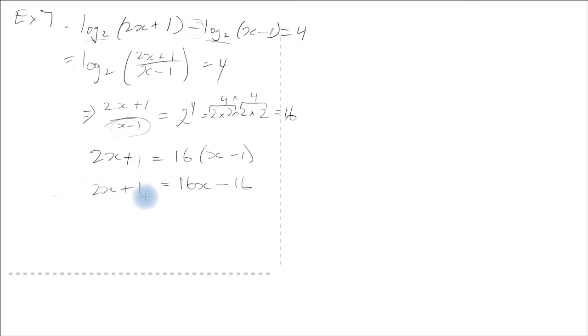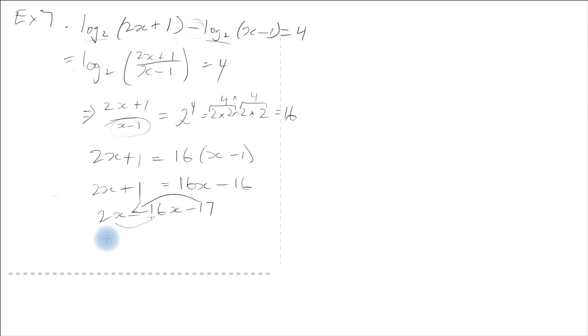Okay, so I'll subtract the 1 from this side. Now I'm going to add 17 to this side, and I'm going to subtract 2x.